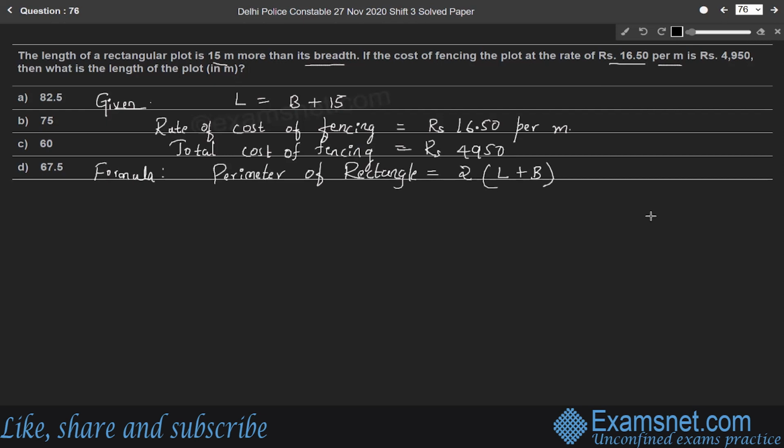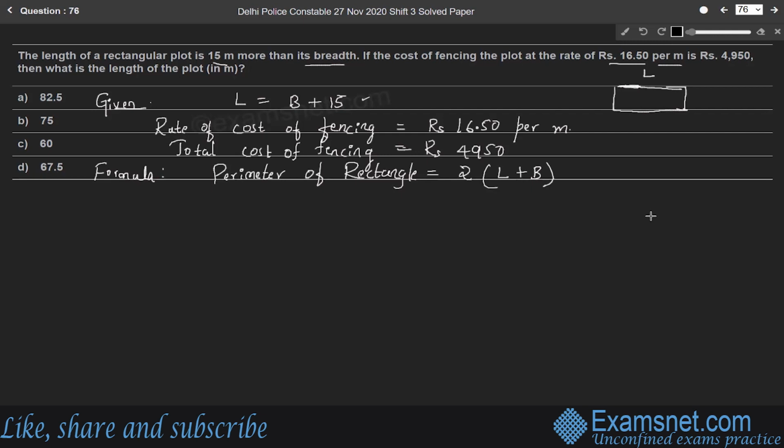So here, according to the question, the length of the rectangular plot L is 15 plus B, right? It is given. So the cost of fencing the plot at the rate of, per meter, the cost of fencing is 16.50 rupees and the total cost is given.